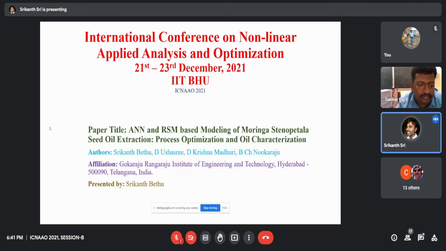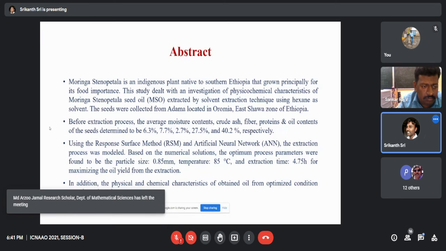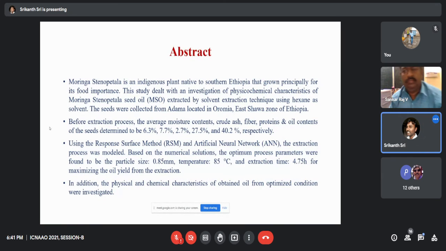My paper is about ANN and RSM based modeling of Moringa stenopetala seed oil extraction. It is about process optimization and oil characterization. Coming to the abstract, this study dealt with an investigation of physicochemical characteristics of Moringa stenopetala seed oil extracted by a solvent extraction technique using hexane as a solvent.